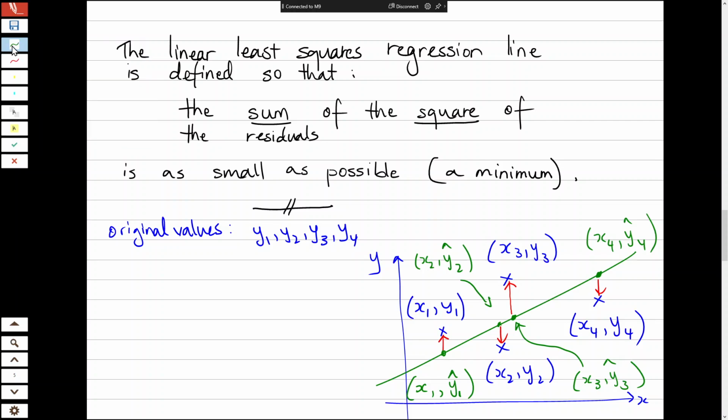Those are the values in my data. And then the predicted values for the same x value according to my graph, I'm going to call y1 hat, y2 hat, y3 hat, and y4 hat.